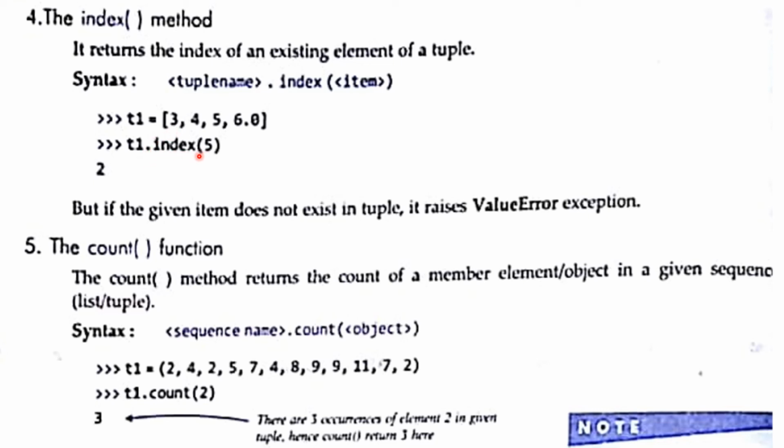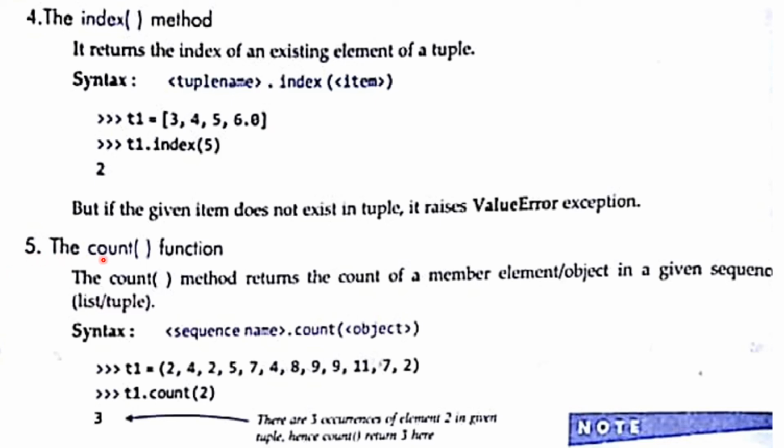Here the element is present at the second index, 0, 1 and 2. But if the given item does not exist in the tuple, it raises a value error exception. Suppose the element is not present in the tuple, then it will raise a value error exception.